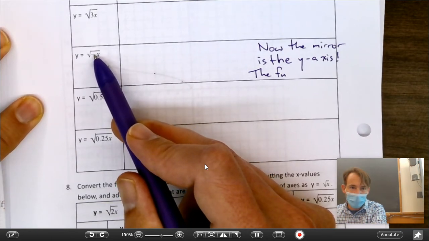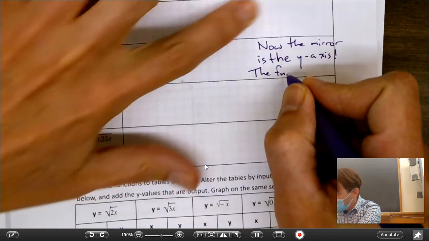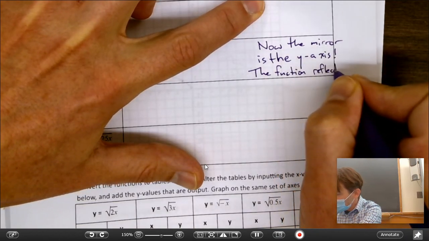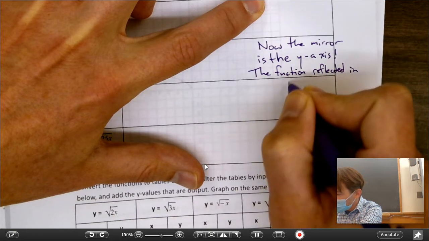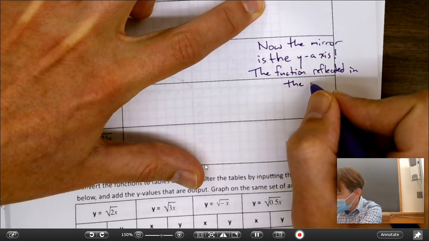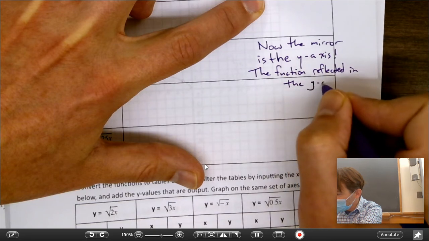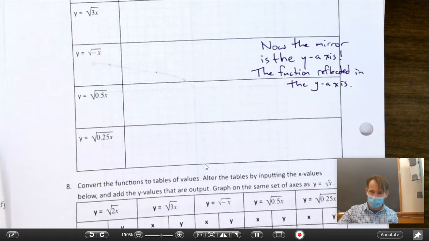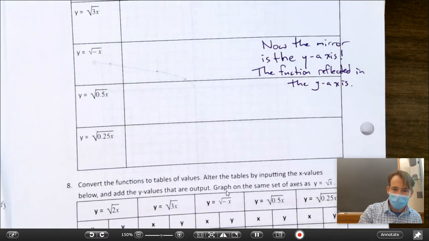This is -1 is k. So the function reflected in the y-axis.